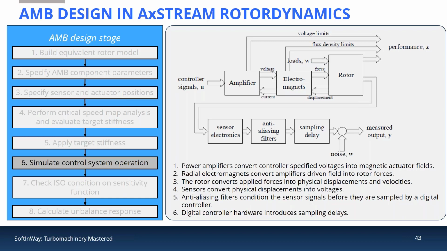Anti-aliasing filters condition the sensor signal before it is sampled by a digital controller. Digital controller hardware introduces sampling delays. As I previously said, it is a real physical process that takes place in the AMBs, but it is simulated by extreme rotor dynamics, and this makes our model as accurate as possible.